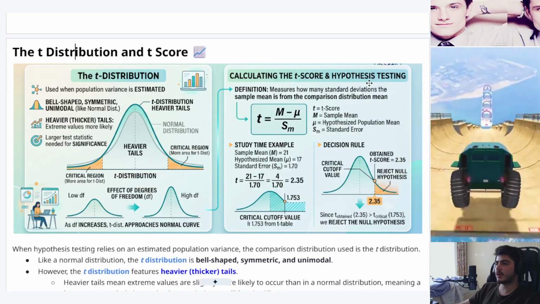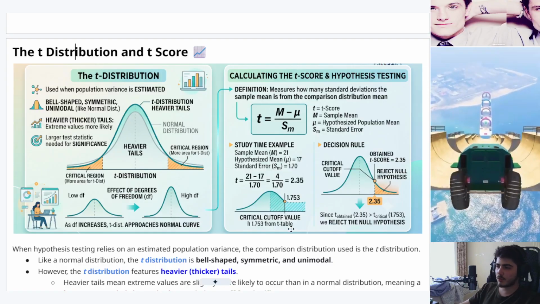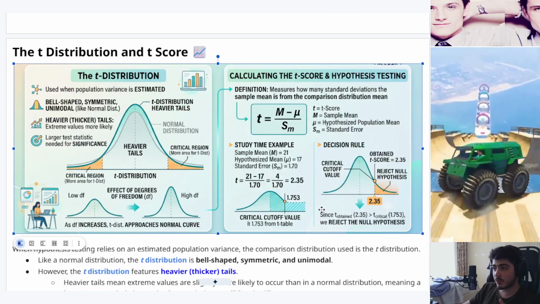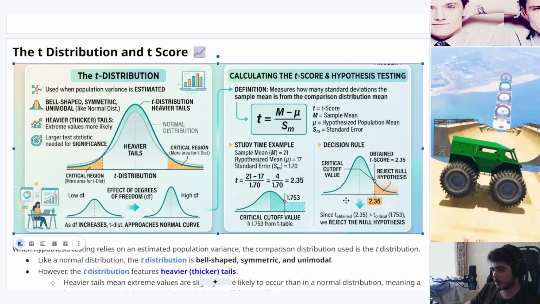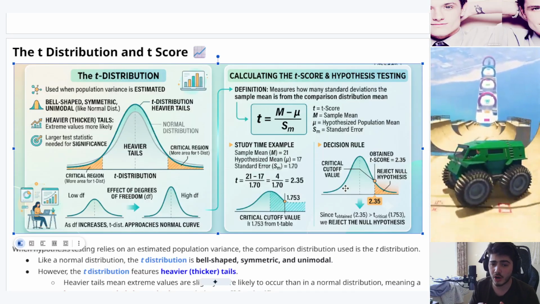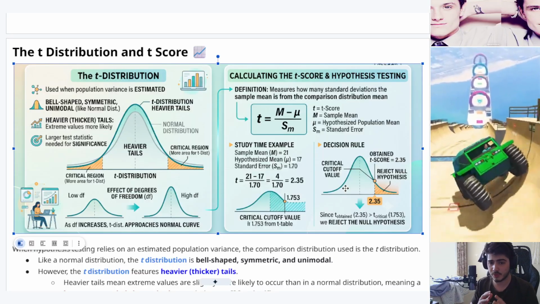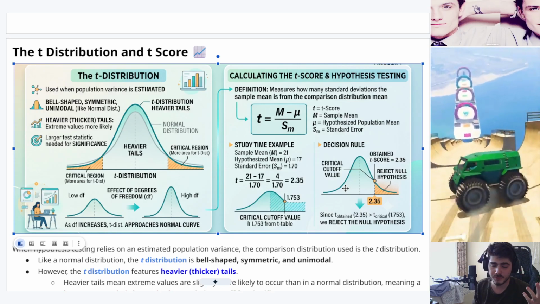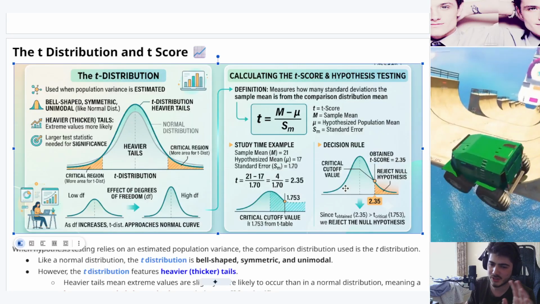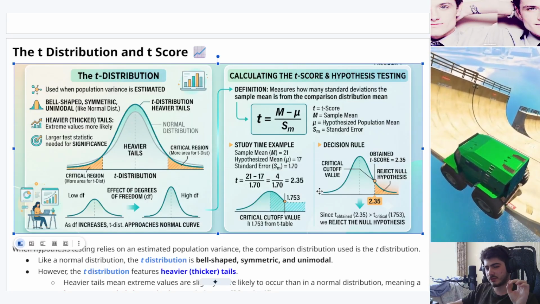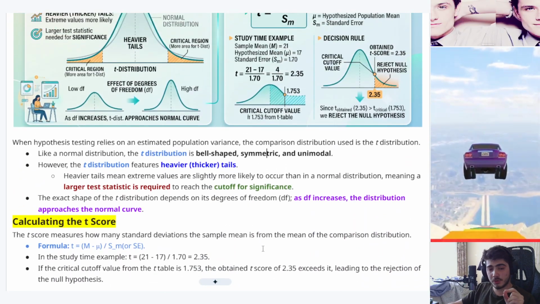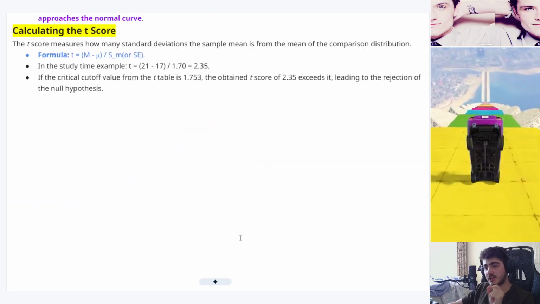Calculating the t-score and hypothesis testing. Of course, we know of the main hypothesis testing rule. The only thing that is different here is, as we know, the z-scores are a set amount of scores. You know, if you get a z of 1, it is 1.64 or something like that. I don't really remember. But if you want a 5% probability here, you must look for your degree of freedom in a t-table.